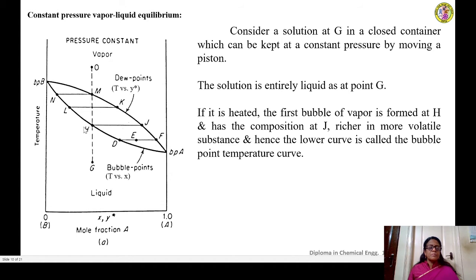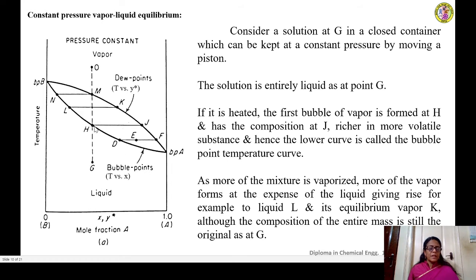So since the first bubble of vapor is formed at point H, all the points on the lower curve represent various temperatures at which the first bubble of vapor is formed for different compositions of initial liquid mixture. So hence the lower curve is also called the bubble point curve.